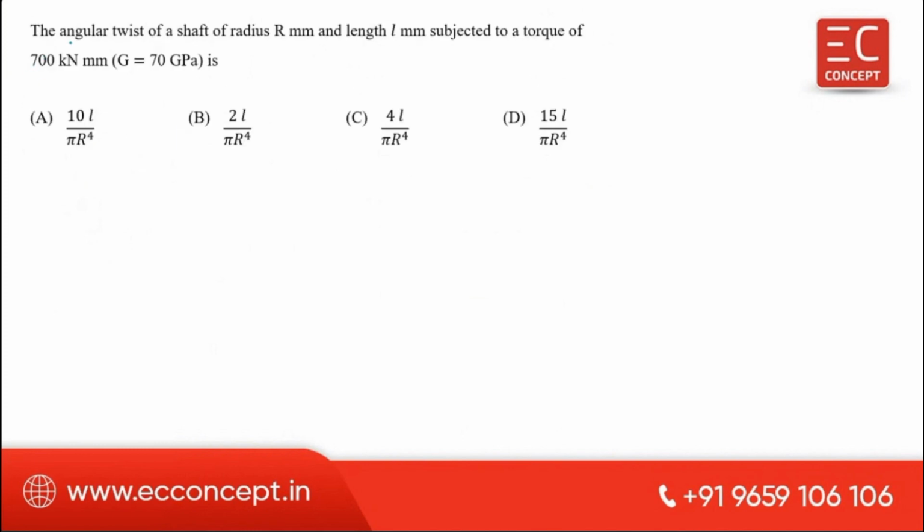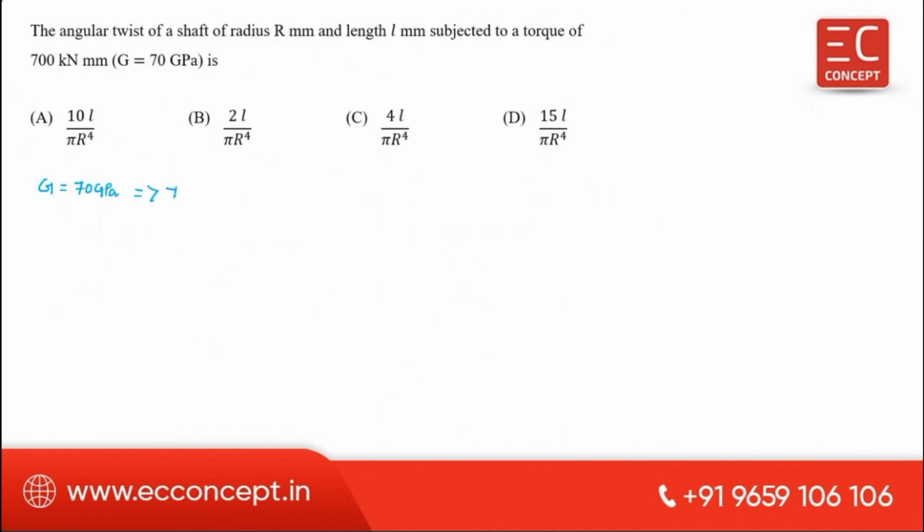Next question. The angular twist of a shaft of radius r mm and length L mm subjected to a torque of 700 kilonewton millimeter. Take G is equal to 70 gigapascal. So they have given G is equal to 70 gigapascal.